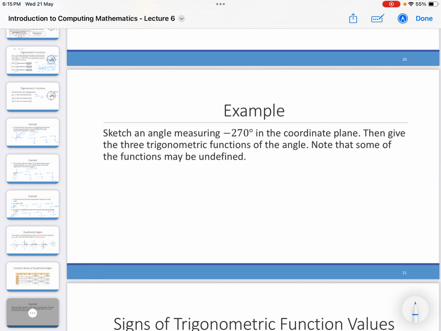Okay, let's look at an example. Sketch an angle measuring -270 degrees in the coordinate plane, and then give the three trigonometric functions of the angle. Note that some of the functions may be undefined. Let's sketch first.